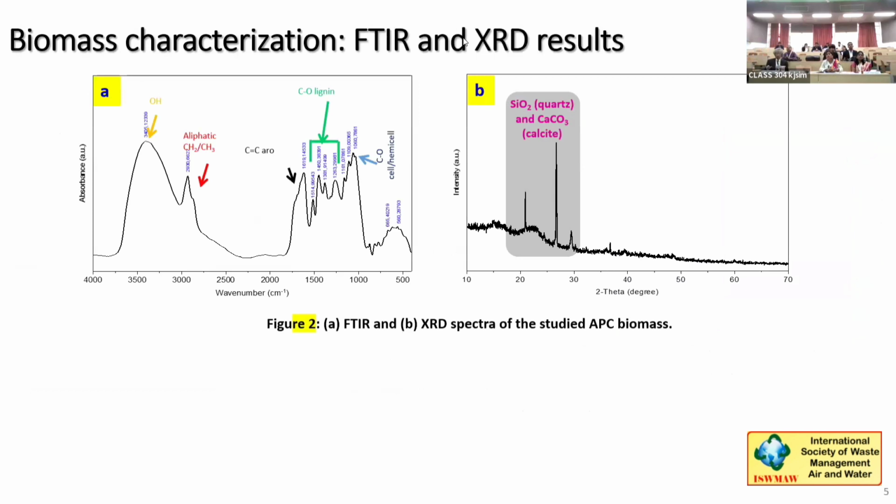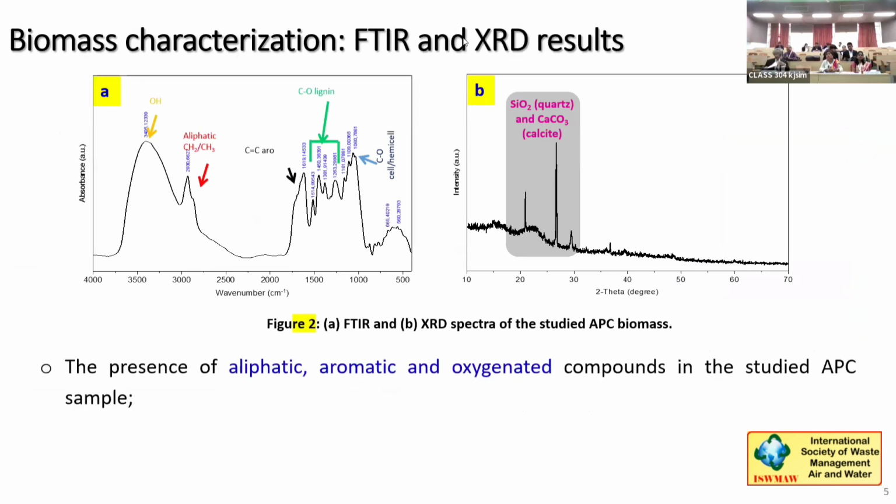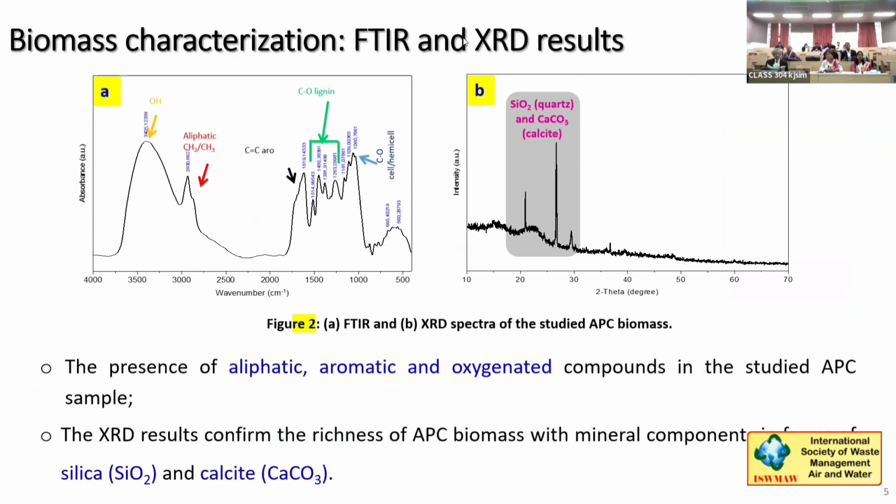The FTIR spectrum shows the presence of aliphatic, aromatic, and oxygenated compounds in the studied sample, and the XRD results confirm the richness of Aleppo pine cone in minerals in the forms of silica and calcite.